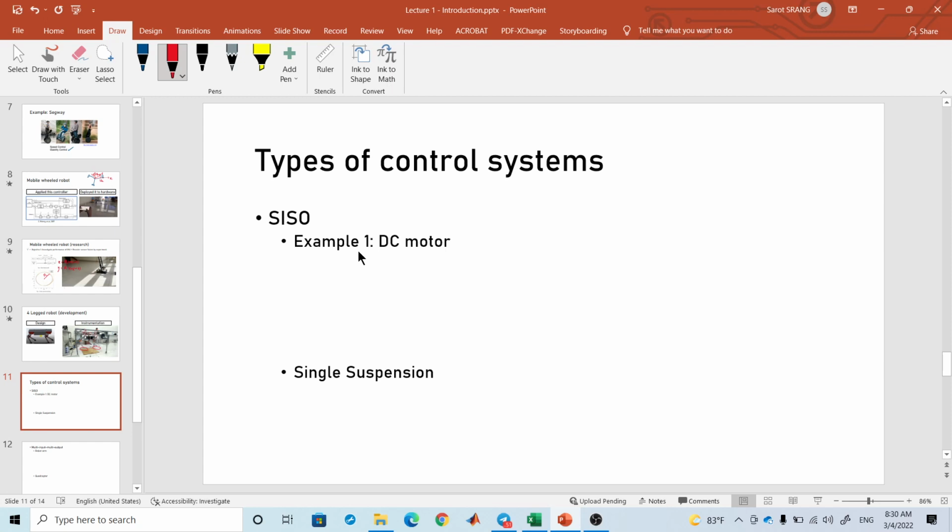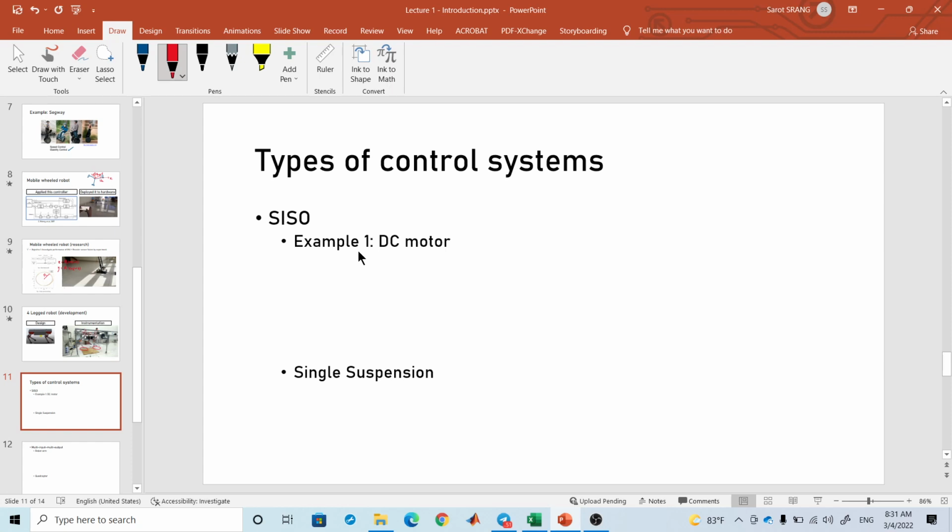Because in order to have a system evolve, you need to provide input power, and then it may convert to another form of power. For example, you input electrical power, and then it moves, which means it generates mechanical power. But anyway, for the input power, what you can play around with is only one parameter.